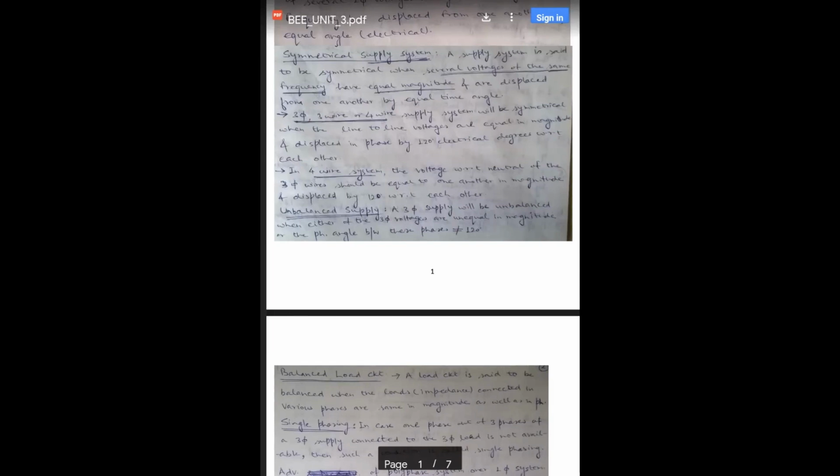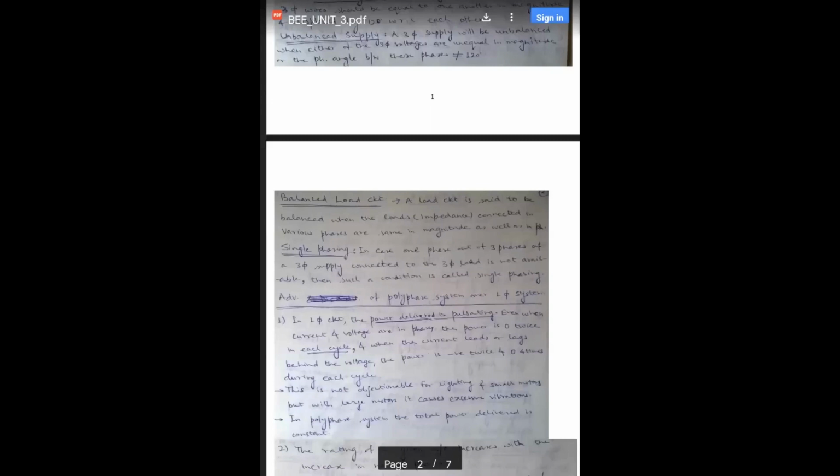Okay, and this three phase four wire system is also applicable in distribution system, and in our energy meter also it is specified whether we are using the single phase two wire system or three phase four wire system. It is also mentioned there as well. Okay, supply.